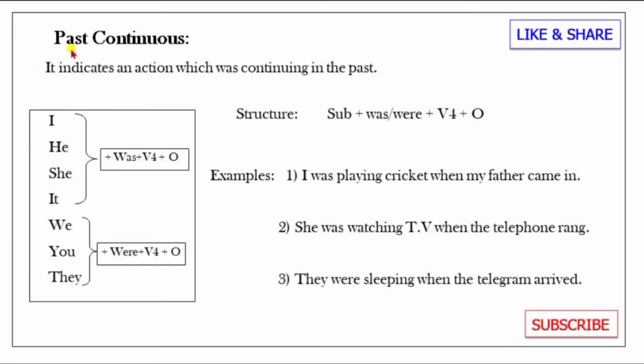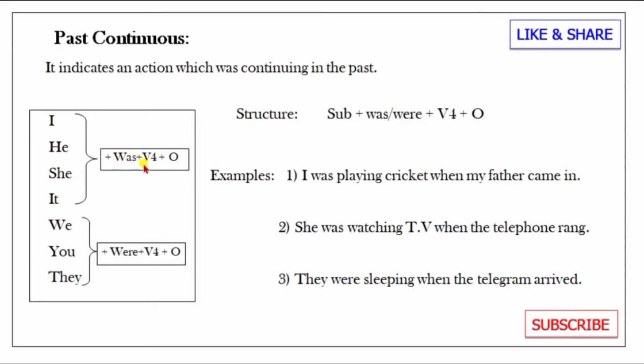past tense. Next one, past continuous tense. It indicates an action which was continuing in the past. Then we are using past continuous tense. In this tense, with I, he, she, it, these 4 pronouns, we use was, the singular helping verb.